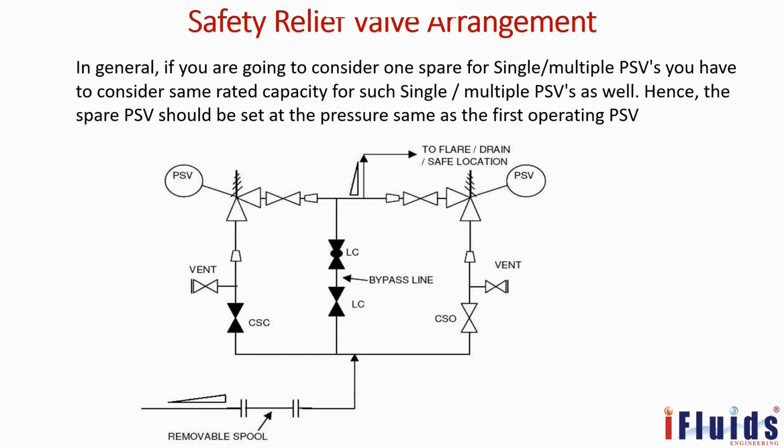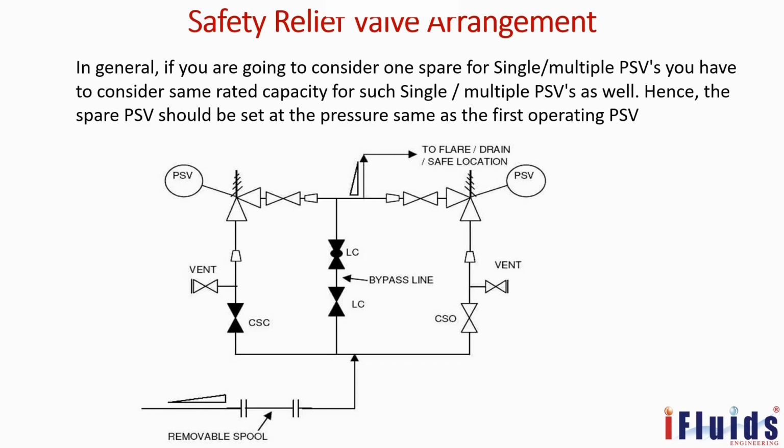You can see the standby line, the down CSC is closed, down valve is closed, but the discharge valve is open because the down valve is subject to high pressure and the discharge valve is subject to low pressure.